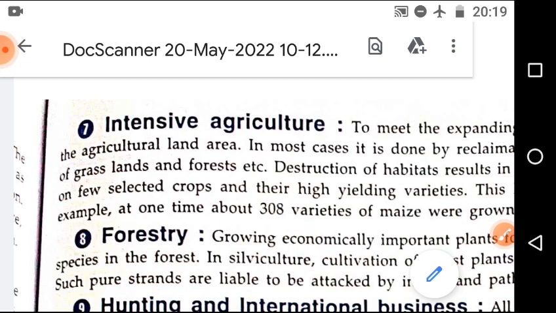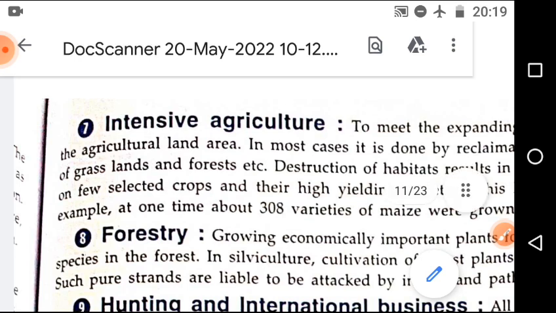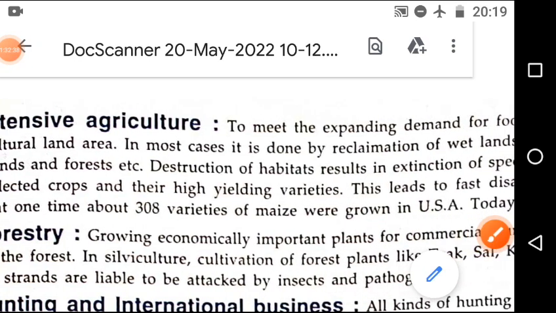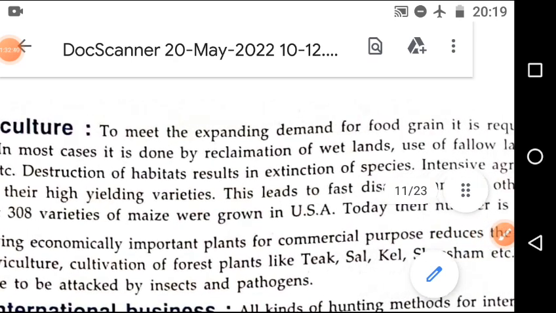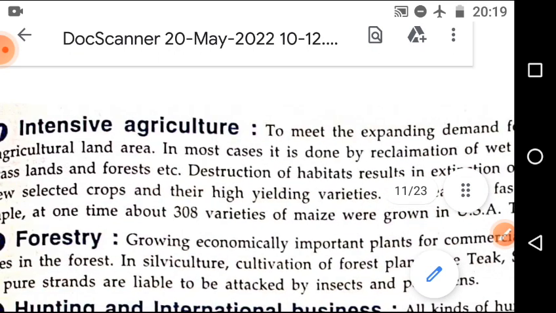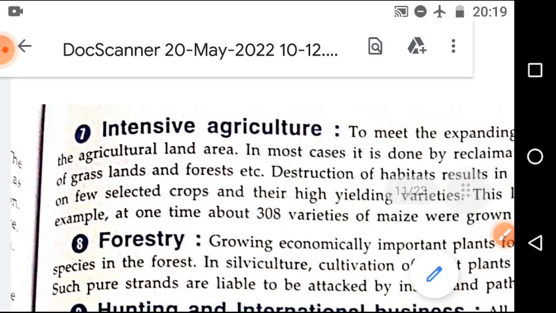That's why we have to cut down the forest. This is the main thing that they want to say. In most cases, from here you can see, it is done by reclamation of the wetlands, use of the fallow lands, destruction of the forest, destruction of the grasslands. So in what way are we using the land? The wetlands are being used for farming.